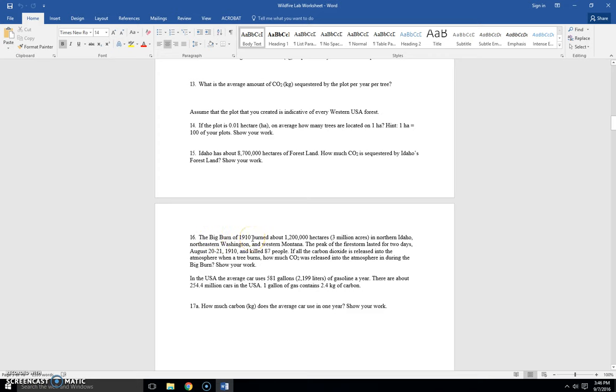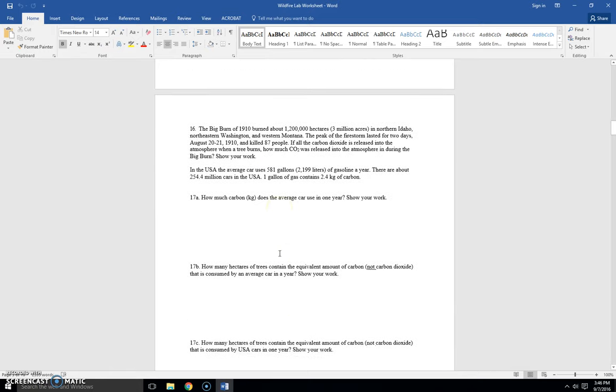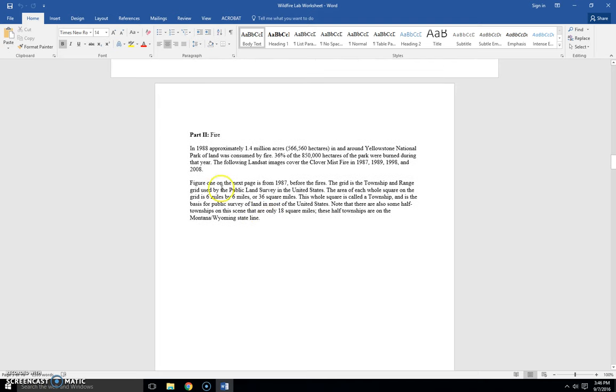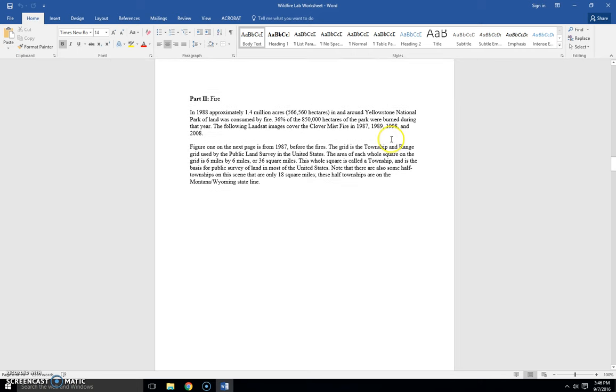It's a famous wildfire. If one of you wants to do your class project on that Big Burn wildfire of 1910, I don't mind if you do. That's very interesting. And then you get to play with how much carbon might have been released in the Yellowstone National Park wildfire that happened in 1988, which is also another great class project topic.